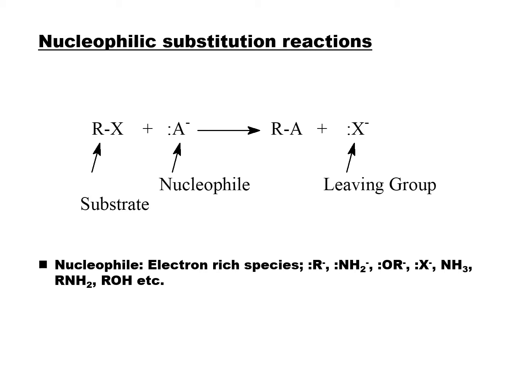The general overview is that we have a substrate, mostly alkyl halide, and a nucleophile, an electron-rich species, which could be negatively charged, like the carbanion, the amide or the alkoxide, or it can also be neutral, like water, alcohol, ammonia, or any amine compounds. And then when the nucleophile reacts with the substrate, it gives us the product.